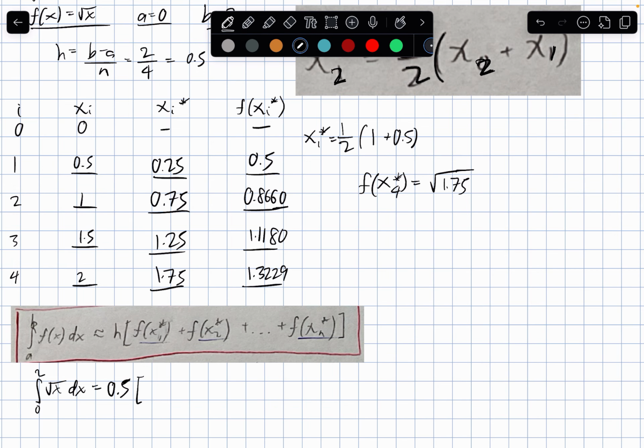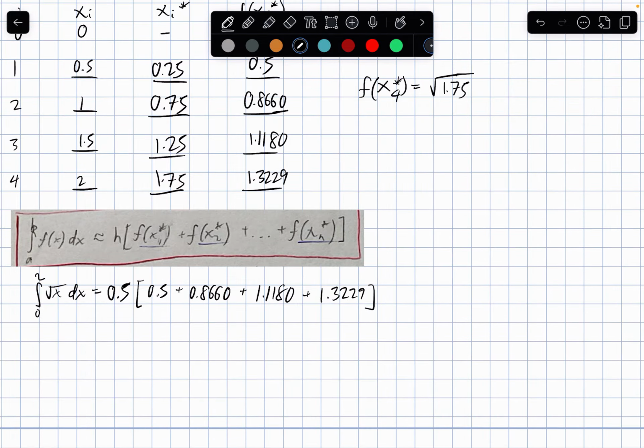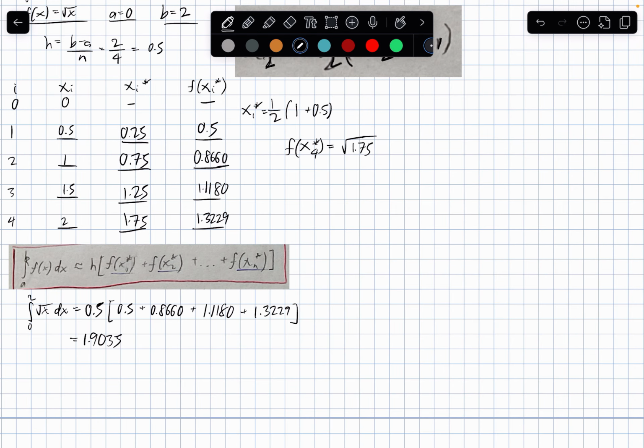In this case, it is 0.5. And then, ito naman, 0.8660 plus 1.1180 plus 1.3229. So, calculate lang. Ang lalabas dyan, 1.9035. That is how you perform midpoint rule. Okay?